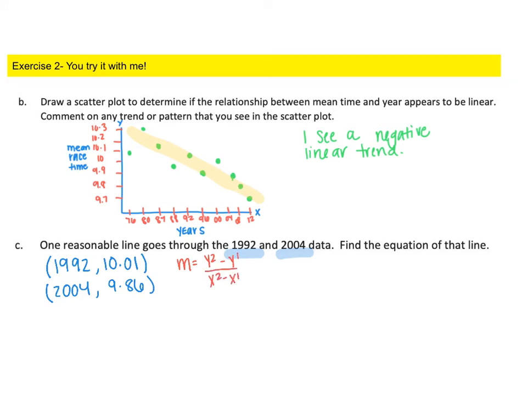In this case, our y2 value is 9.86 minus our y1 value, which is 10.01, over x2, 2004, minus x1, 1992. And now we can actually solve this out. Please do this in your calculator and check it with me in about 30 seconds.